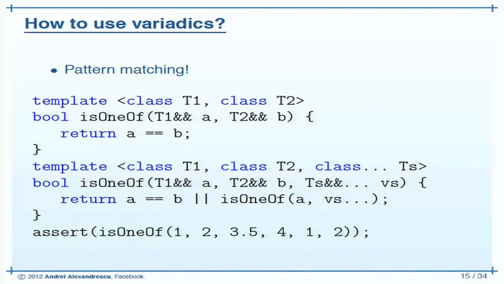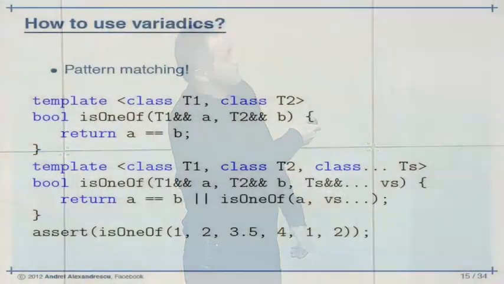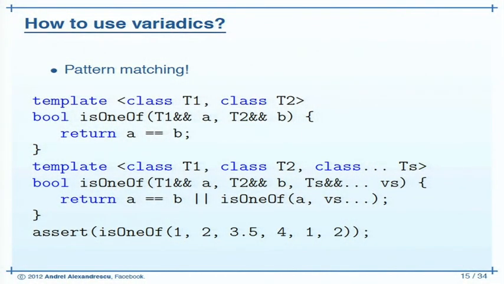So, question. Since we have so few rules for expansion, how do we actually use this thing? Let me give you a simple example: is_one_of. We write two specializations for it. The first takes 2 arguments, and the second takes 2 or more arguments.